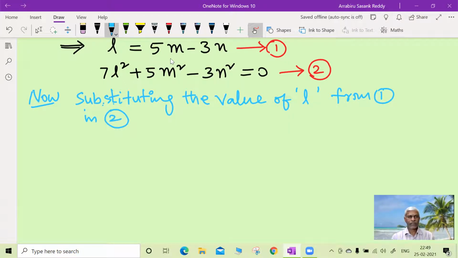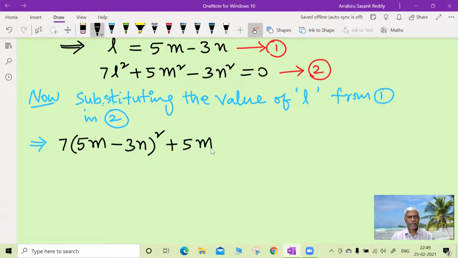In place of l, write 5m minus 3n. 7 times (5m minus 3n) whole square plus 5m square minus 3n square is equal to 0.